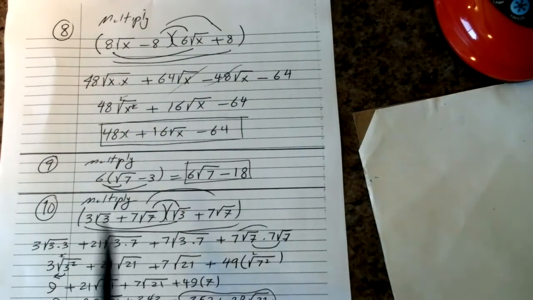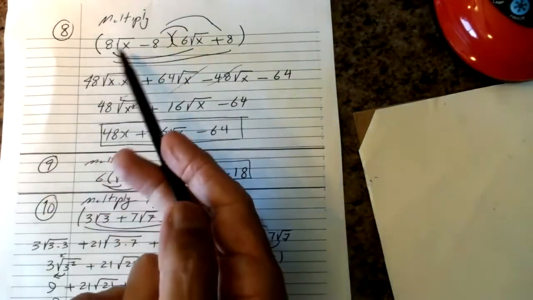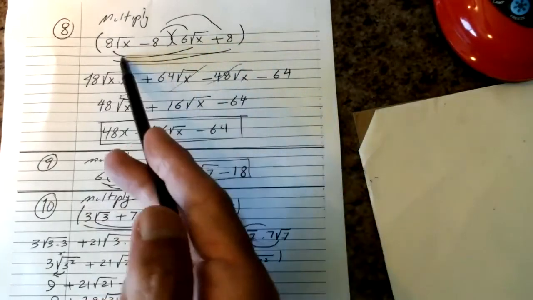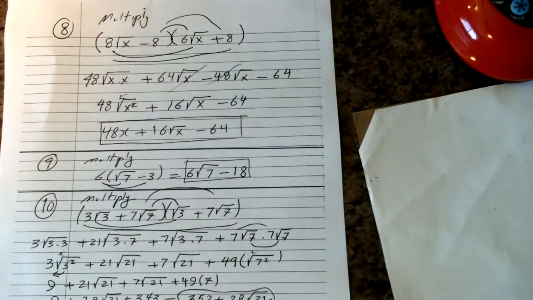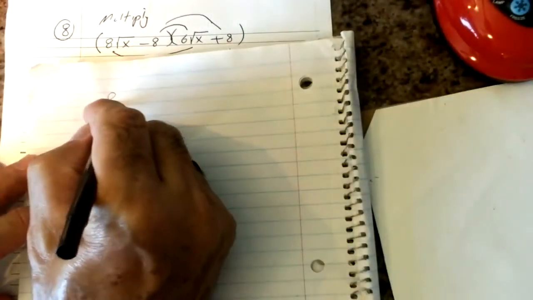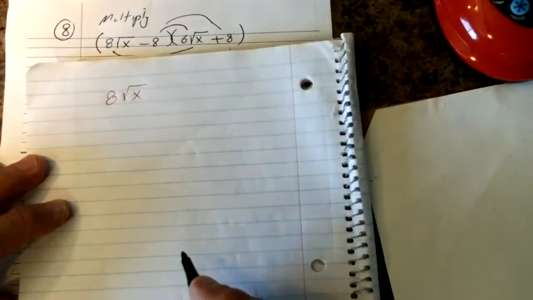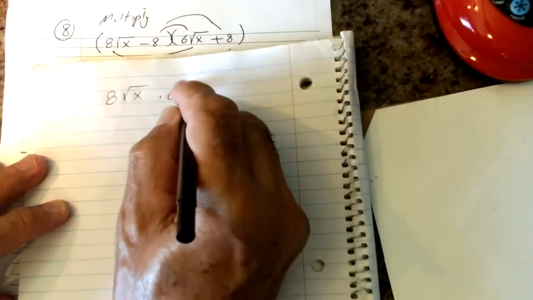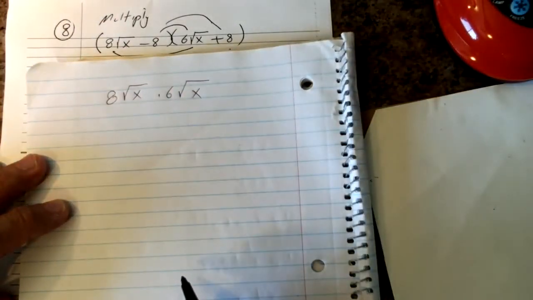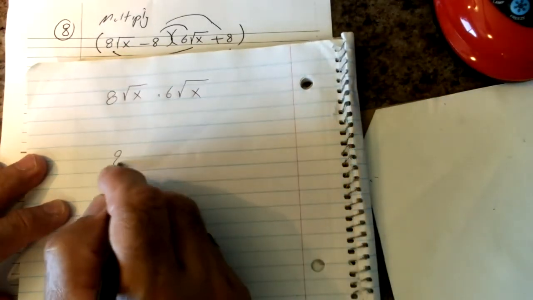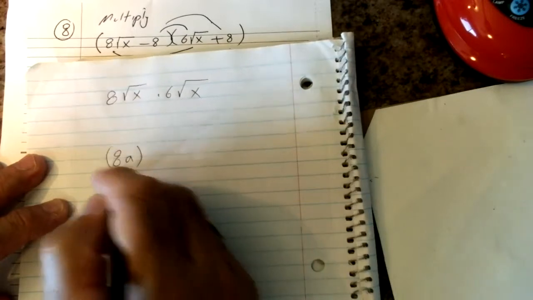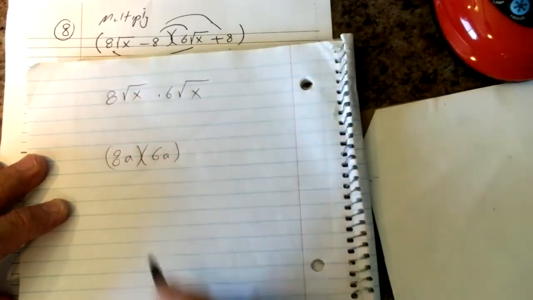Same thing. You take the 8 radical x and distribute. So when you take 8 radical x and you want to multiply that by 6 radical x, it is like this: 8a times 6a, right?